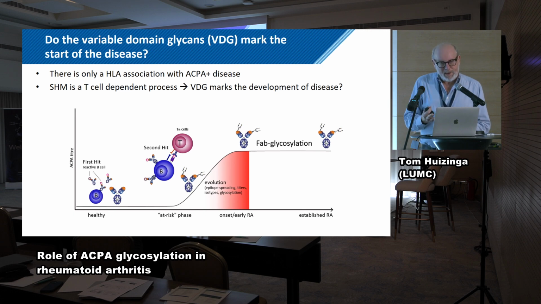We have some data of that, because if you look in healthy people with ACPA, there's absolutely no HLA association. But the HLA association is over here. So we feel that you need the T cells to introduce the somatic hypermutation, so that you can attach the glycan to the antigen binding site. And the hypothesis is that that gives survival to the B cell that makes these antibodies.